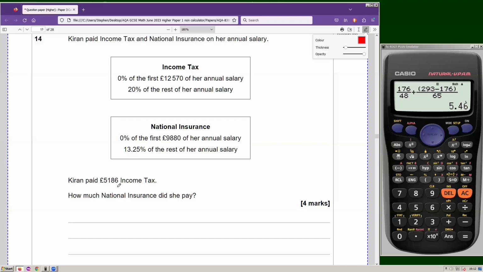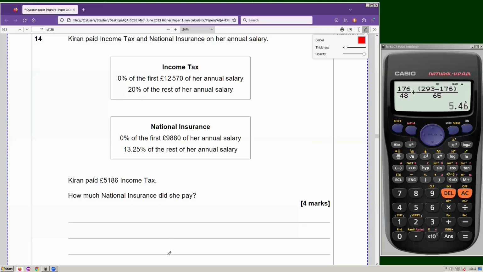So we're going to use this figure, the income tax, to work out what her total pay was. £5,186 was income tax, and that represents 20% once that amount is removed. So let's do this first. So that's going to give us our total.